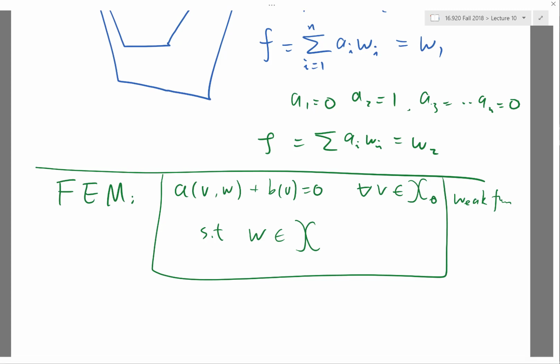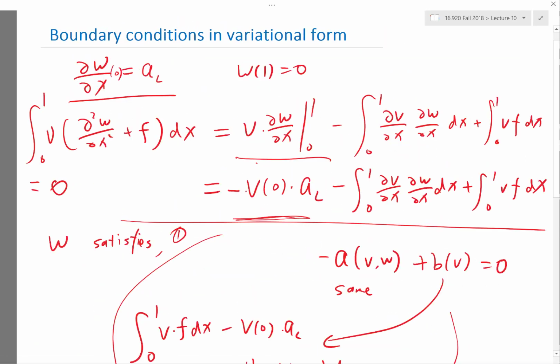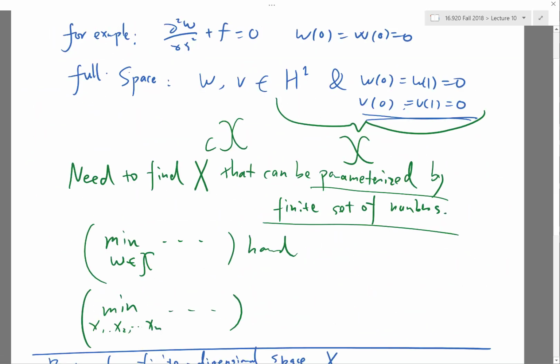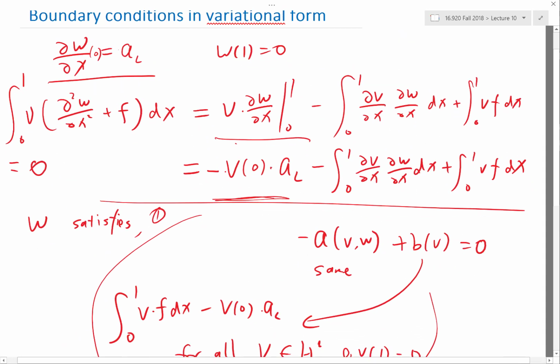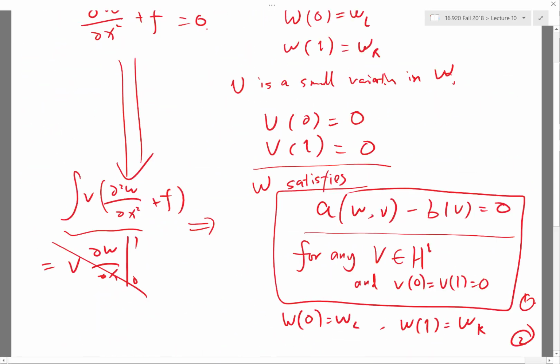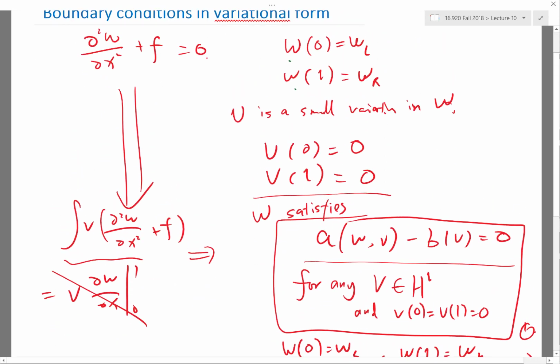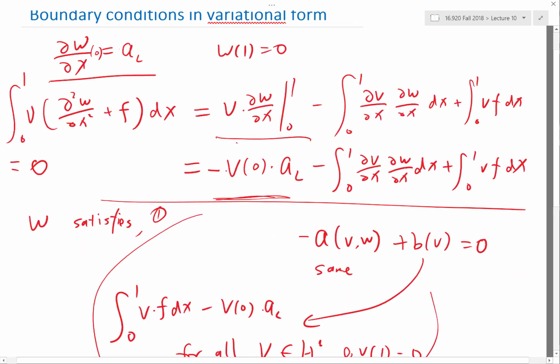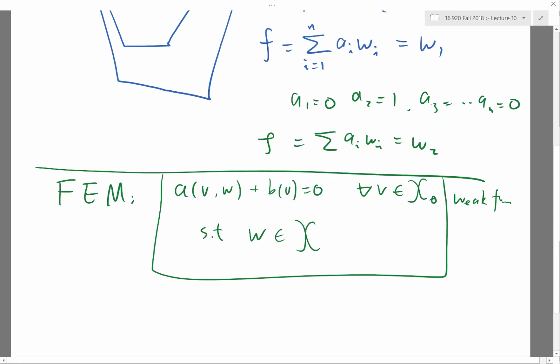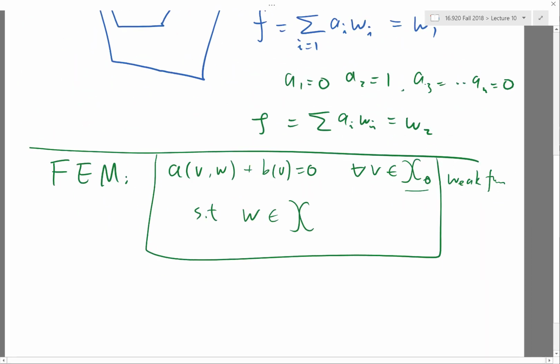So for example, remember our discussion of the inhomogeneous boundary condition. If my w0 and w1 are wL and wR, then v and w have to satisfy different boundary conditions. So the spaces they are in have to be different, slightly different usually, just differing in the boundary conditions. But that is sufficient to make X0 and X potentially different.